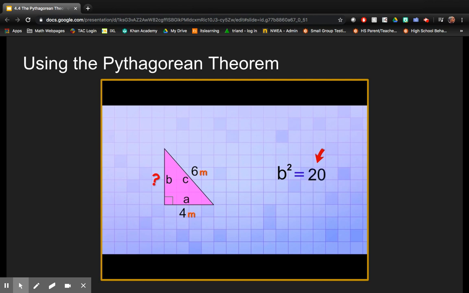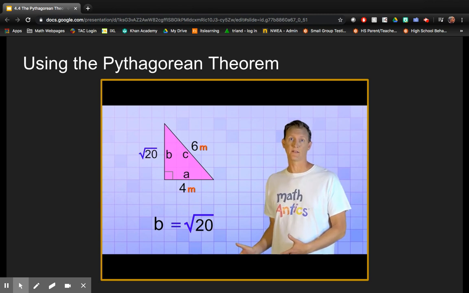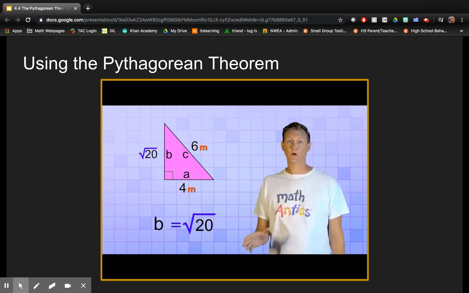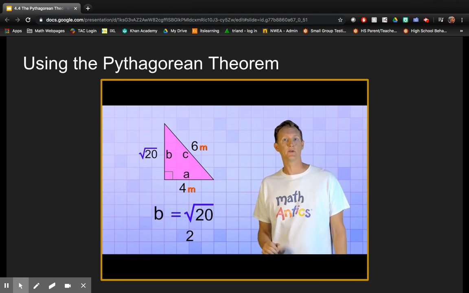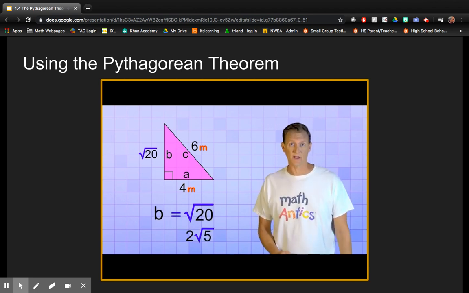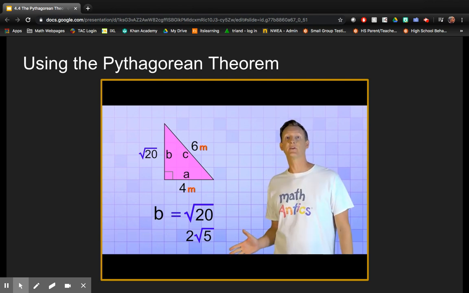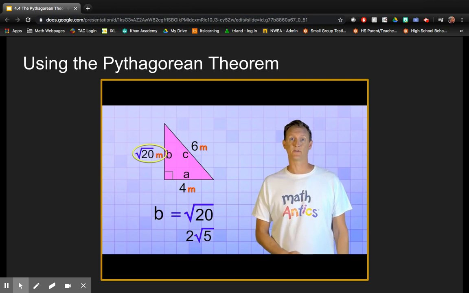We can now solve the simplified equation for B by taking the square root of both sides, which gives us B equals the square root of 20. Again, it's fine to leave your answer as a square root like this. And some of you may know that the square root of 20 can be simplified to 2 times the square root of 5. We're not going to worry about simplifying roots in this video, but if you know how to do it, awesome. If you don't know, just leave the answer as the square root of 20 meters.